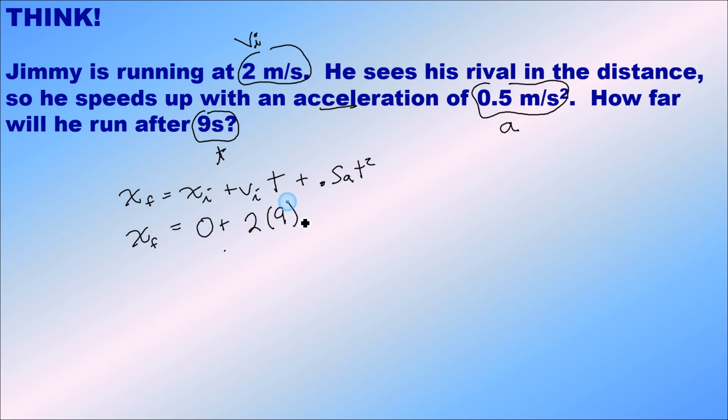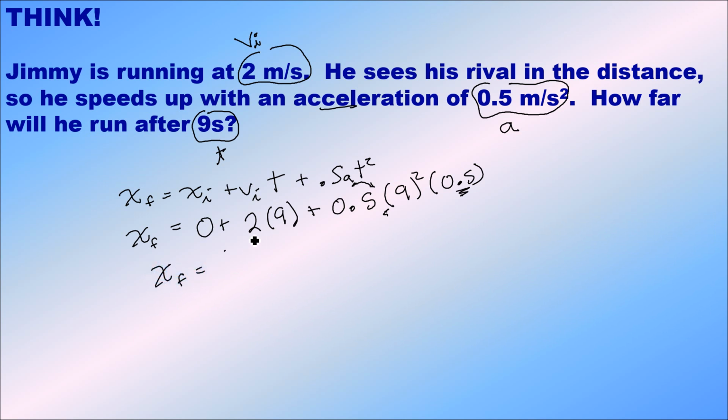Our time is 9, plus 0.5 times 9 seconds squared. I forgot our acceleration, so it should be right there, but it doesn't matter where we put it. So 0.5 again. That's what got me confused. Normally it would be right here, but it really makes no difference because we're multiplying it anyway.